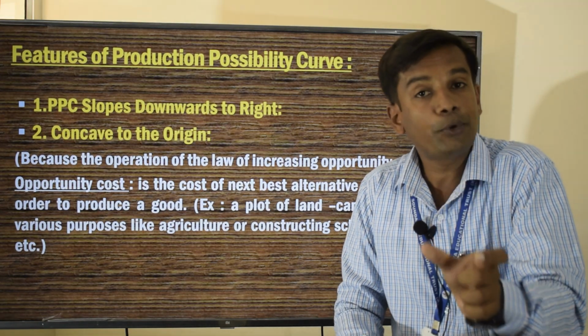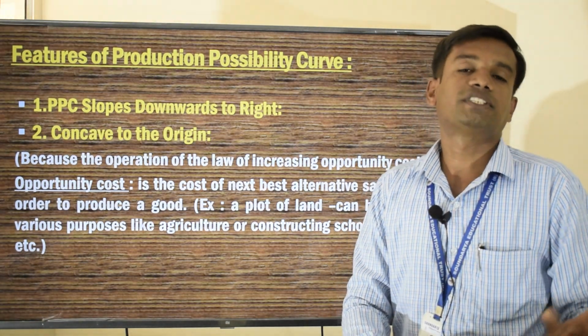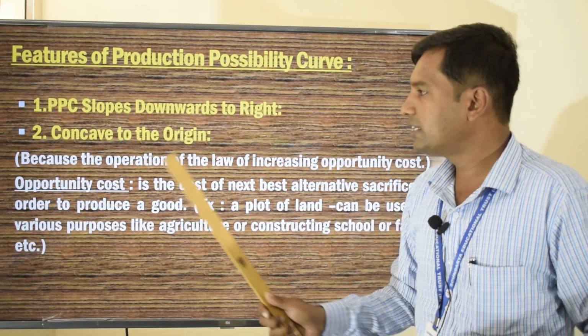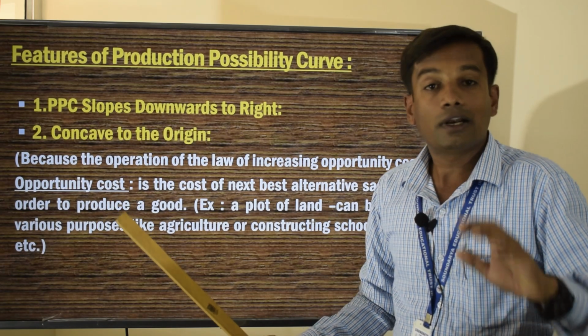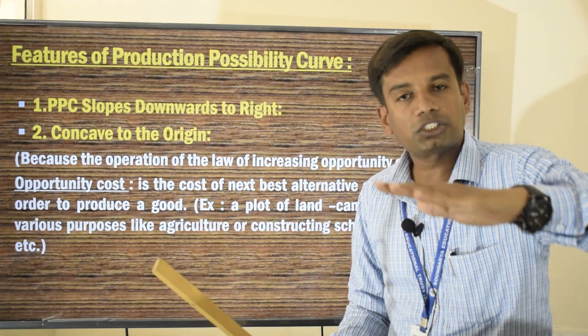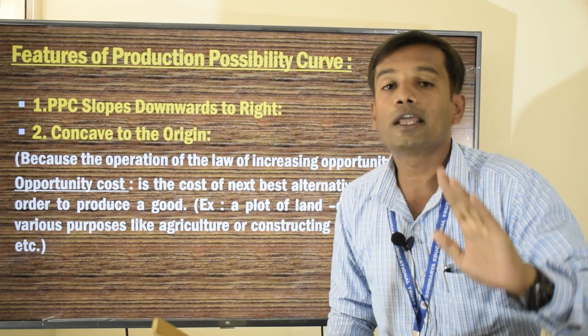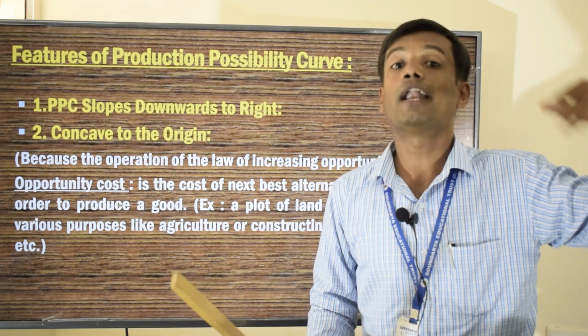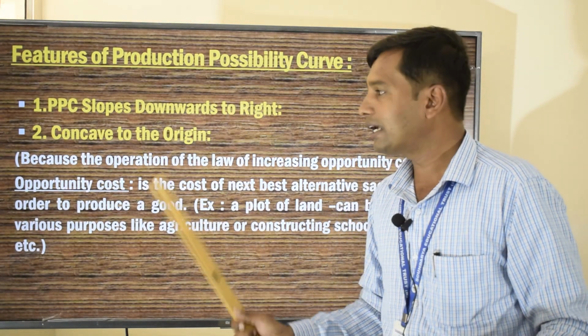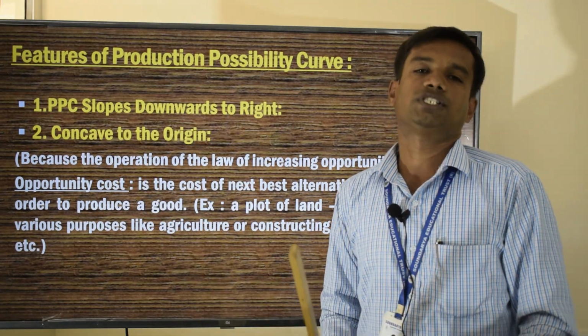A particular community will be deprived of the facility of a school as well as a factory. So that is why it is in the concave shape. In the diagram we have seen that if I want to increase the production of one particular commodity, I need to sacrifice another commodity. That is why it creates concave shape.